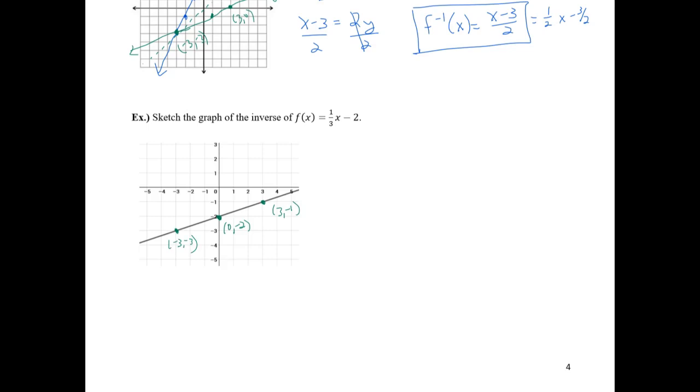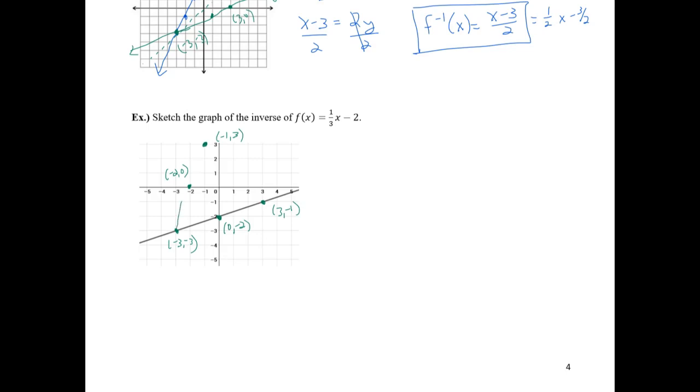So when we flip those ordered pairs, it becomes -1, 3, and -2, 0, and -3, -3 stays the same because when you flip that, it's still -3, -3.